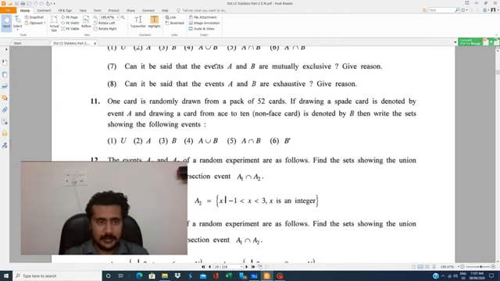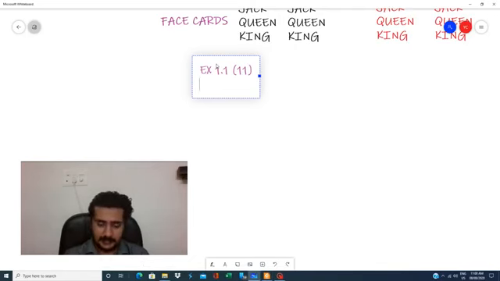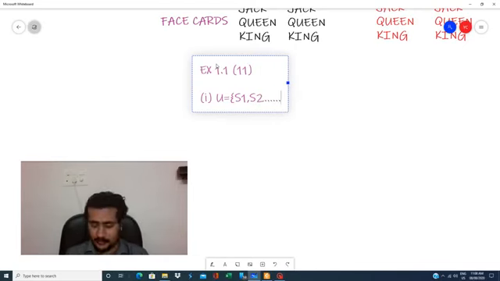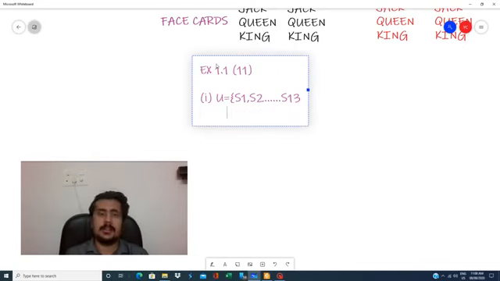First of all, I will write the sample space, that is U. This U is equal to, let spade 1 be S1, spade 2 be S2, dot dot dot. There are 13 cards of spade, so it is up to S13.